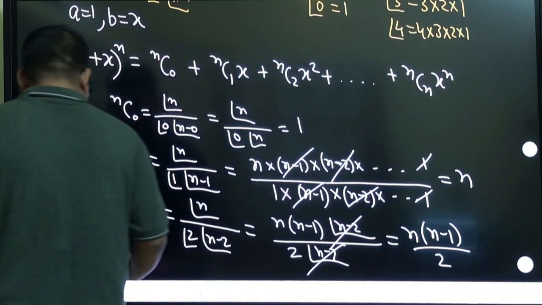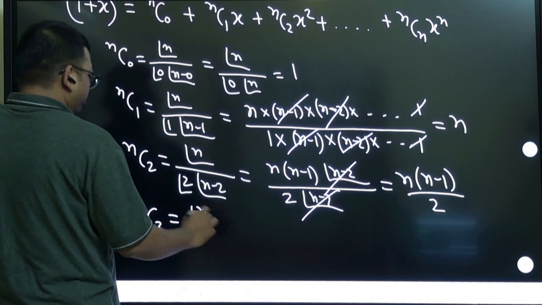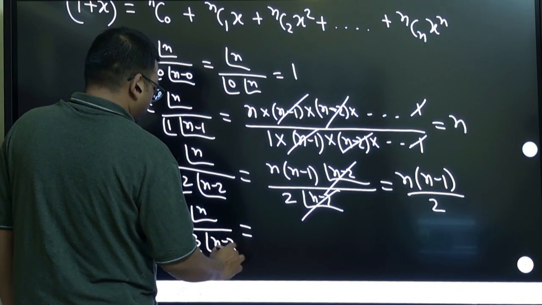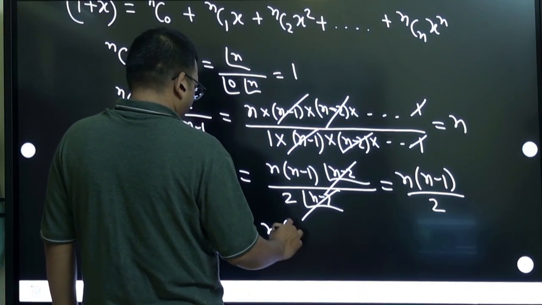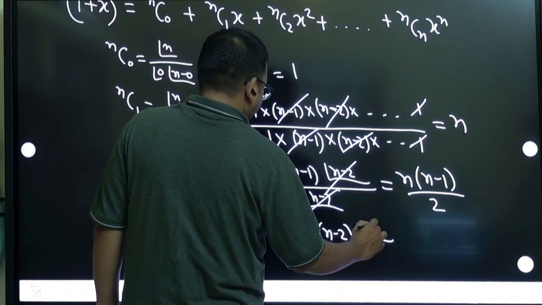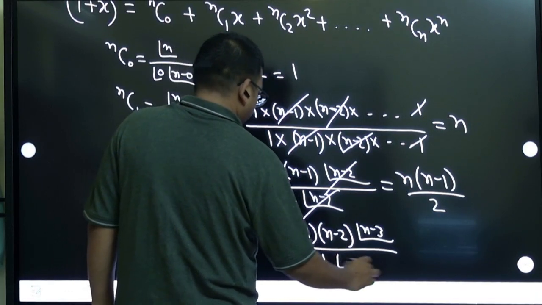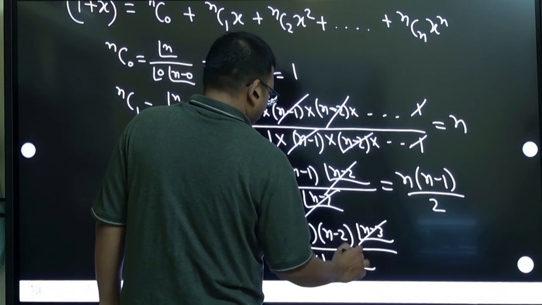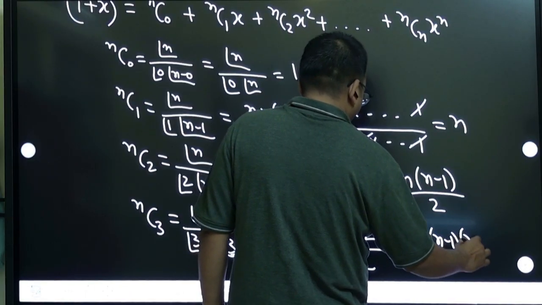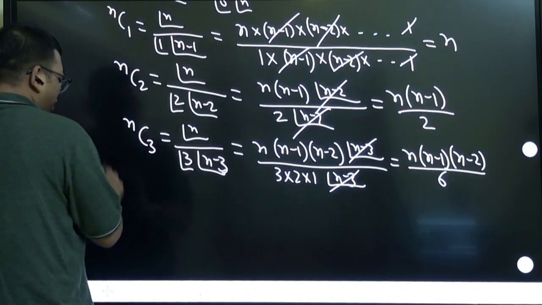Similarly, nc3 is factorial n by factorial 3 by factorial n minus 3. This can be written as n into n minus 1 into n minus 2, and then n minus 3 factorial, and then this is 3 into 2 into 1, and this is n minus 3 factorial. So this n minus 3 factorial will get cancelled. It will be n into n minus 1 into n minus 2 divided by 6. Like that it continues to the last one.